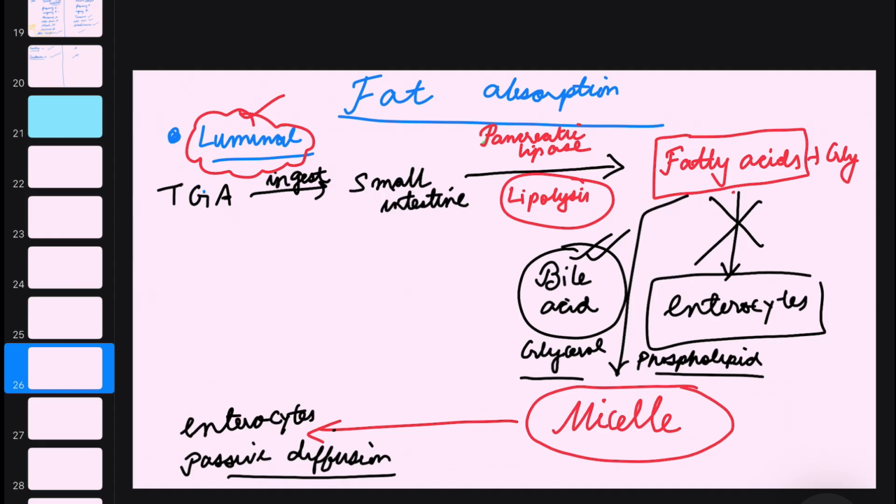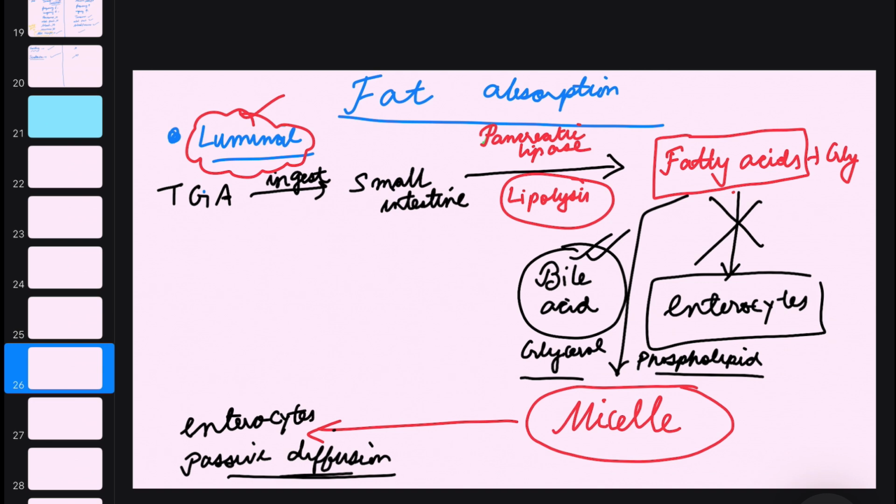Once micelle gets formed, we have no problem, because passive diffusion means you don't even need a carrier, you don't need a concentration, you don't need some active transporter, you don't need any of that. You just need to form micelle, and then micelle will get immediately absorbed on its own by the process of passive diffusion. Where? By the enterocytes.